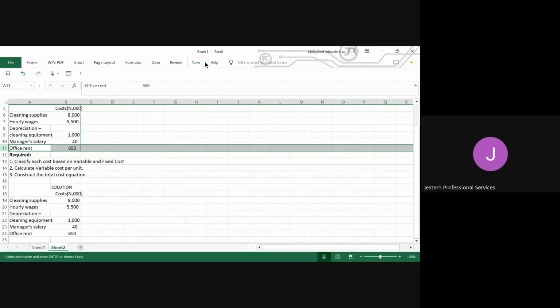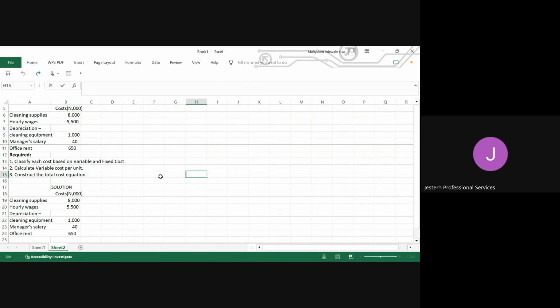Now, let me see if I can break this. Okay. Now, number one is classifying each cost based on variable and then fixed cost. Now, you just write variable.